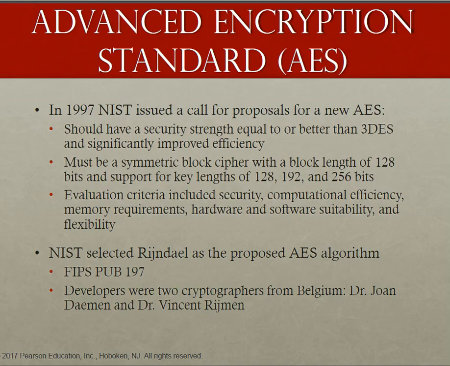Okay, so the evaluation criteria included security, computational efficiency, memory requirement, hardware and software suitability, flexibility. All this must be taken into consideration. In a first round of evaluation, 15 proposed algorithms were accepted and then they tried to choose the best one and so on and so forth.